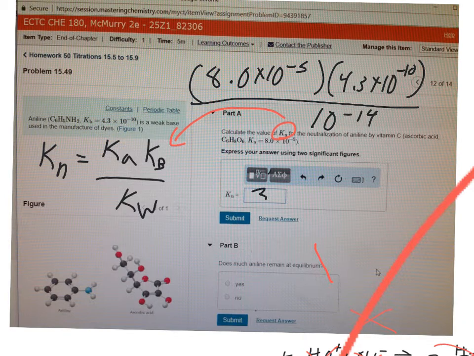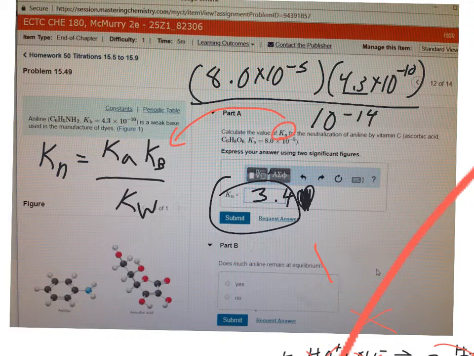That gives me 3.44. Let me check and make sure I did everything in my calculator correctly. Yeah, I did. Very specifically, it gives me 3.44, but you only have 2 sig figs to deal with, so 3.4 is the better answer. So that's your equilibrium constant for your neutralization reaction.